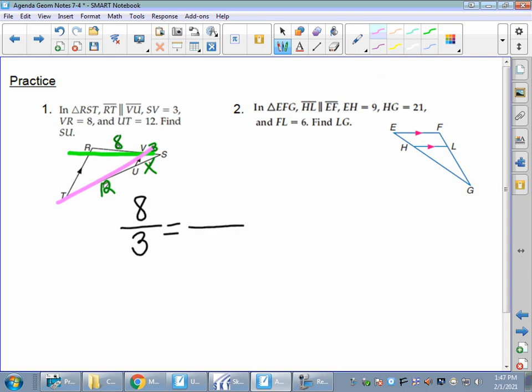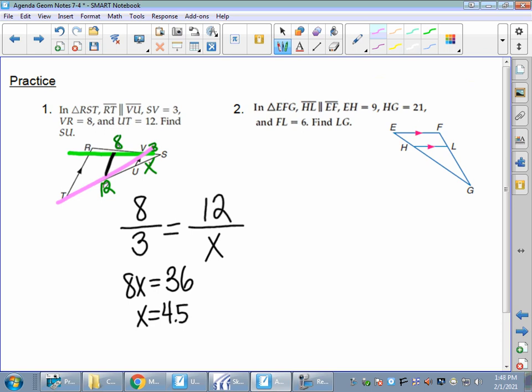Would it be X over 12 or 12 over X? Well, the 8 and the 12 are right across from each other, so the 8 and the 12 have to be right across from each other. Take that, cross multiply. So if 8x equals 36, I believe that x is going to have to be, maybe that's a 4.5. So that seems pretty easy, right?